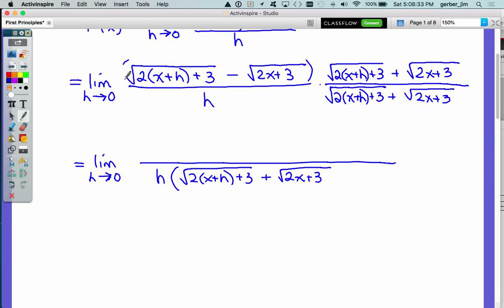Essentially, we treat this as the product of a binomial. So the firsts get rid of the square root, and we're left with just 2x. I'm going to multiply through here. I'm going to get 2x plus 2h plus 3 minus, and the inners and outers will cancel, and we're left with the last, which is going to be minus 2x plus 3, like that.